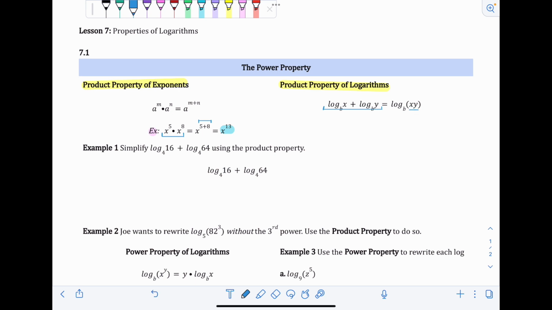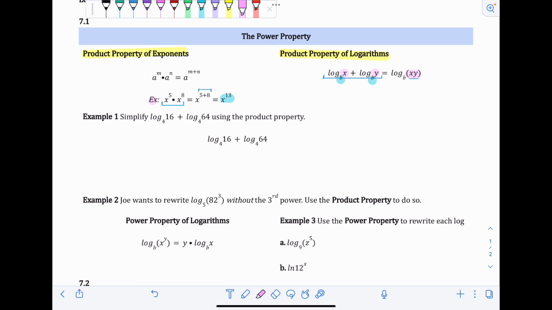So when there are two logarithms being added together, assuming they have the same base, in this case both base b, we can condense it down into one logarithm of the product of what we're taking the log of. We were taking the log of x and the log of y, and we can condense it down into the log base b of x times y.